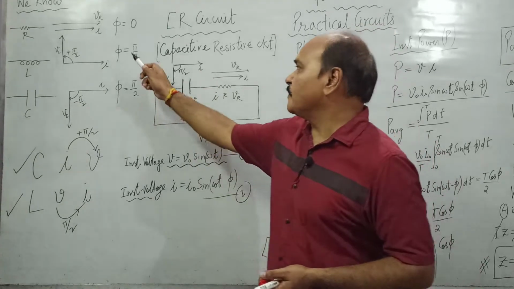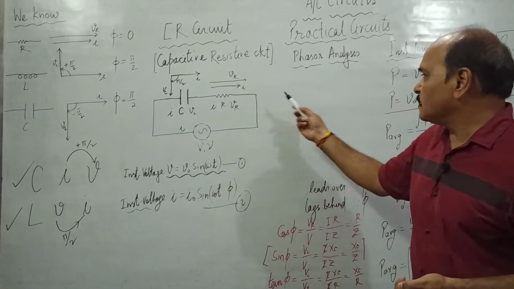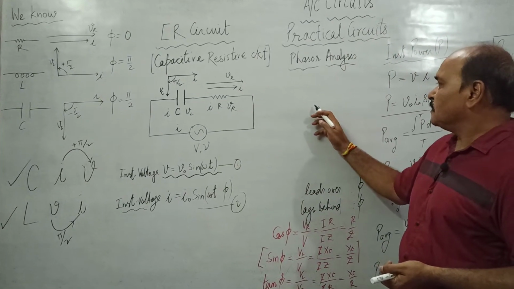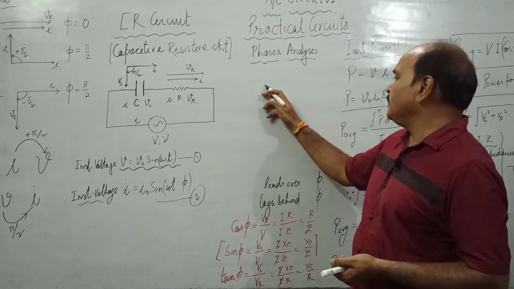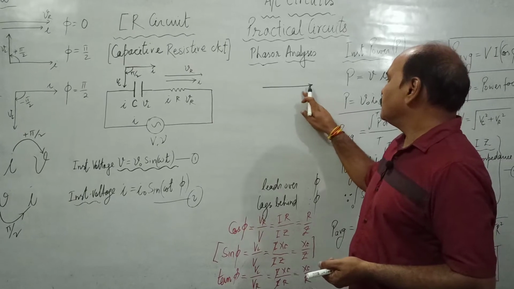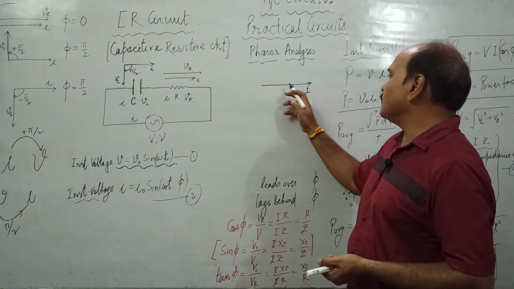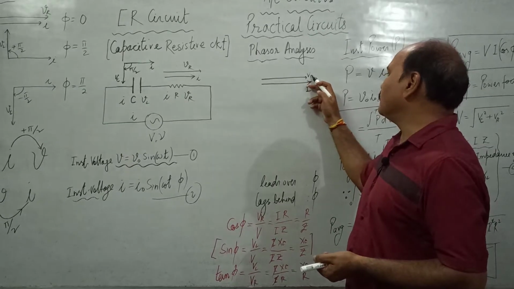So these two phasors and these two phasors are drawn together. Let us redraw these phasors here. This is I through the resistor, or you can say current through the resistor. The voltage across the resistor is parallel to it.